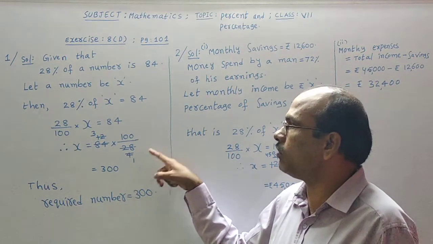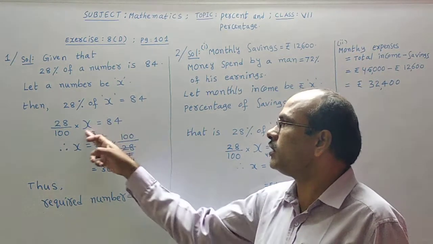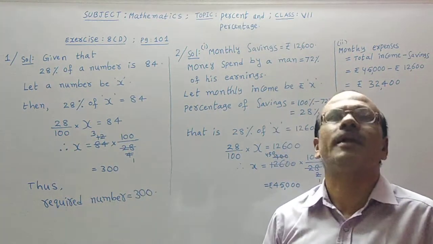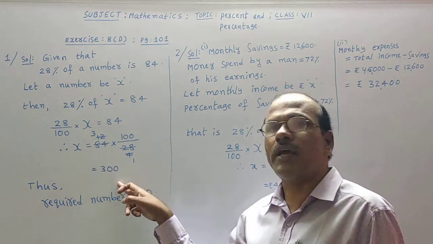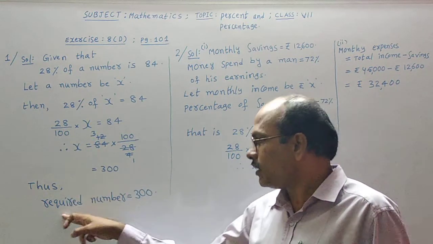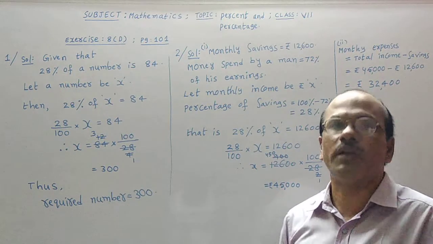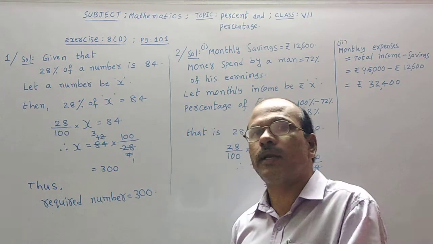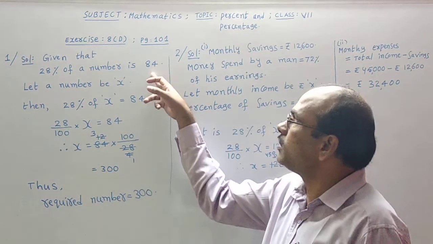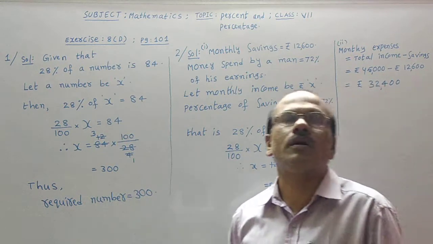Again the fourth table: 4 1s are 4, 4 3s are 12. Then 3 into 100 gives you 300. That is the value of x. Thus the required number we thought of as x is 300. That means 28% of 300 will be equal to 84. That is the information hidden in this answer part.